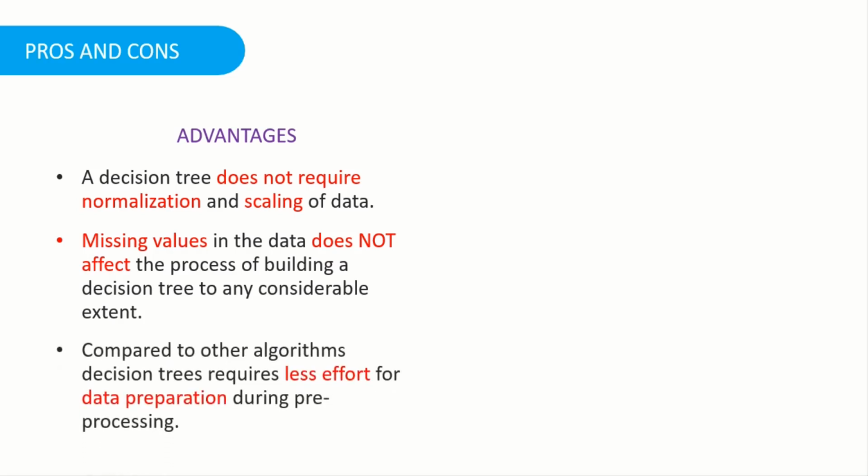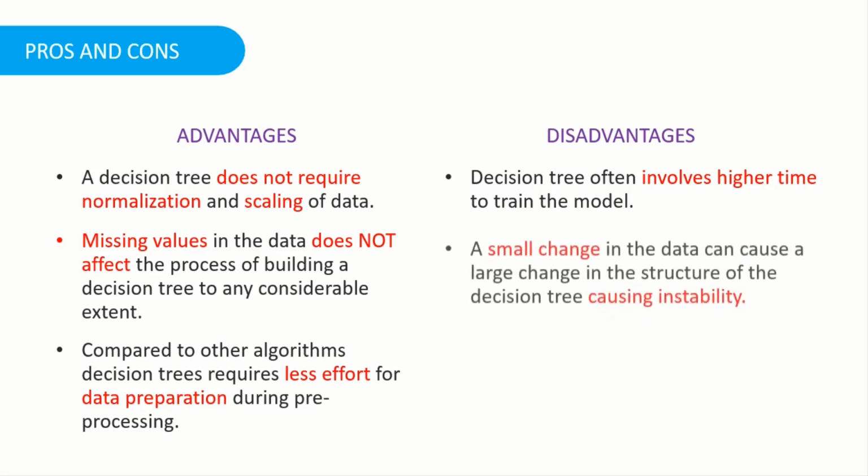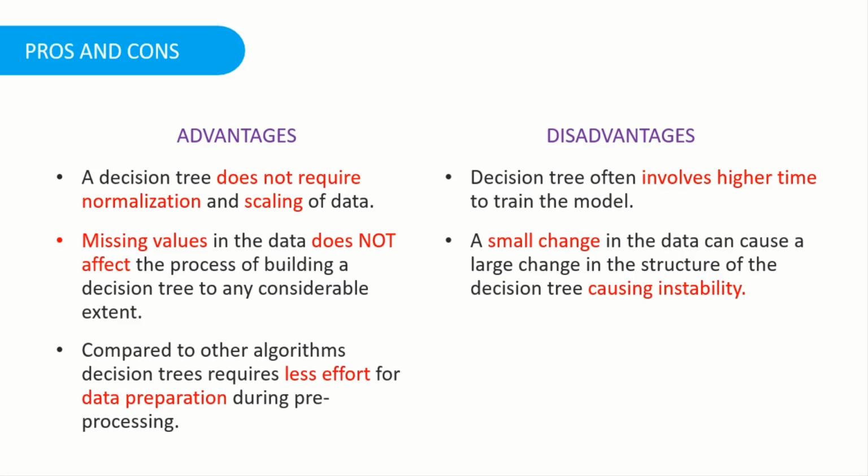And compared to other algorithms, decision trees require less effort for data preparation during pre-processing. On the flip side, when it comes to its disadvantages, it takes a higher time to train the model, and even a small change in the data can cause a large change in the structure of the decision tree, causing instability.